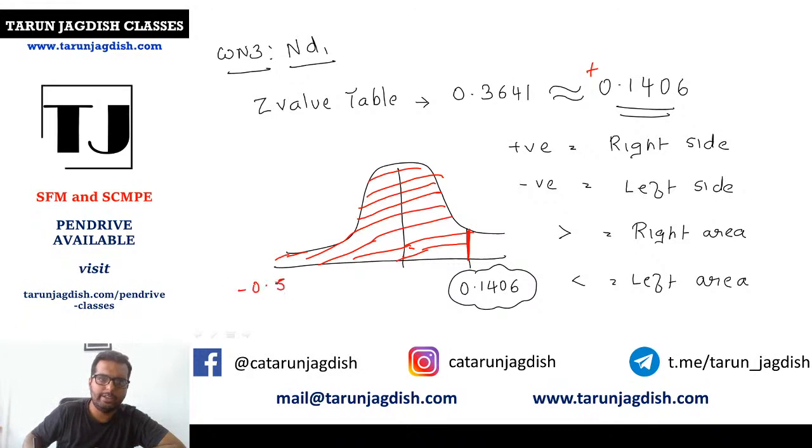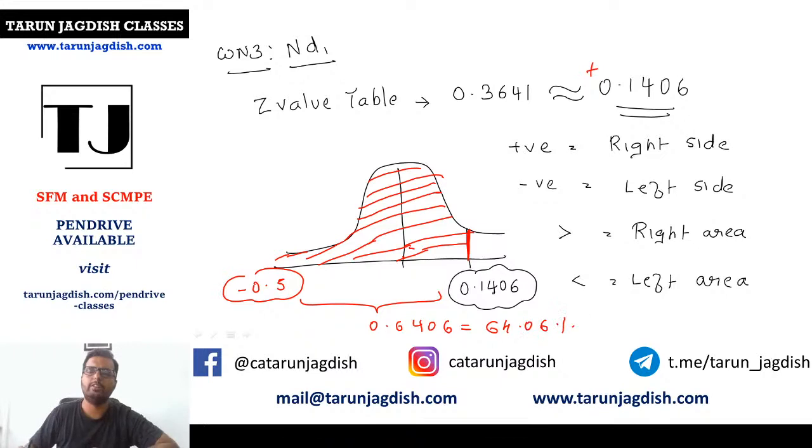Alright. So this is minus 0.5. From there till here is 0.1406. So my value turns out to be 0.6406, that is 64.06%. Can you write down till here in your books, friends?